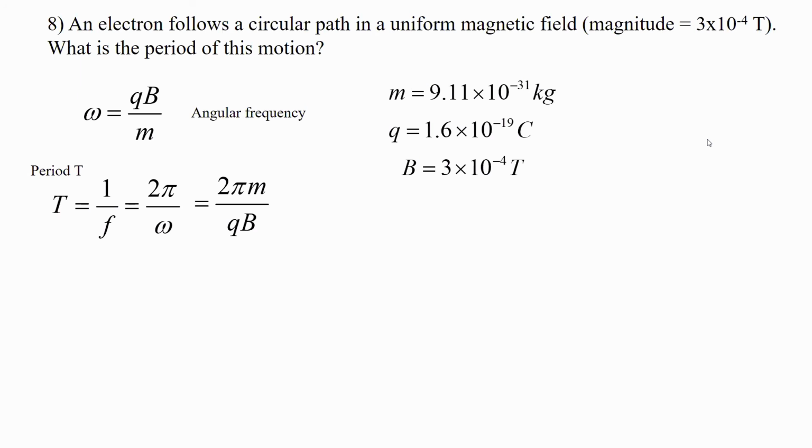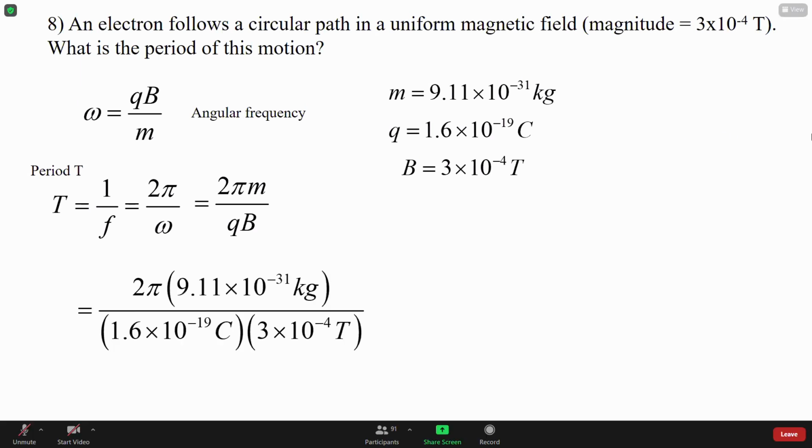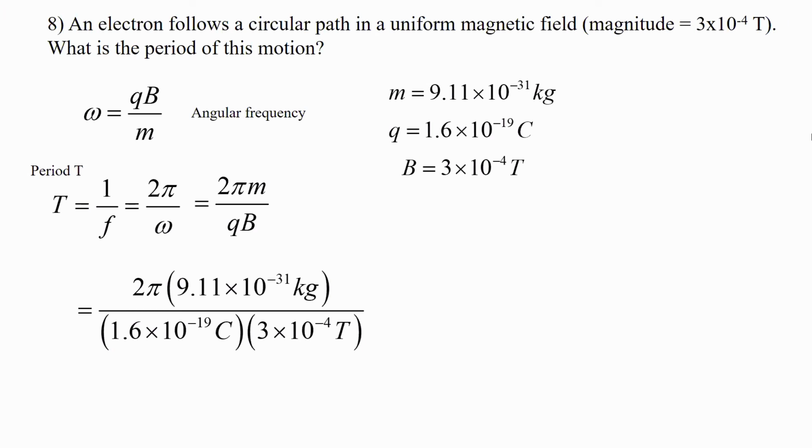We have all the parameters known to calculate the period. Evaluating these values on your trusty calculator, we get 0.2 times 10 to the minus 6 seconds. So it's 0.2 microseconds.